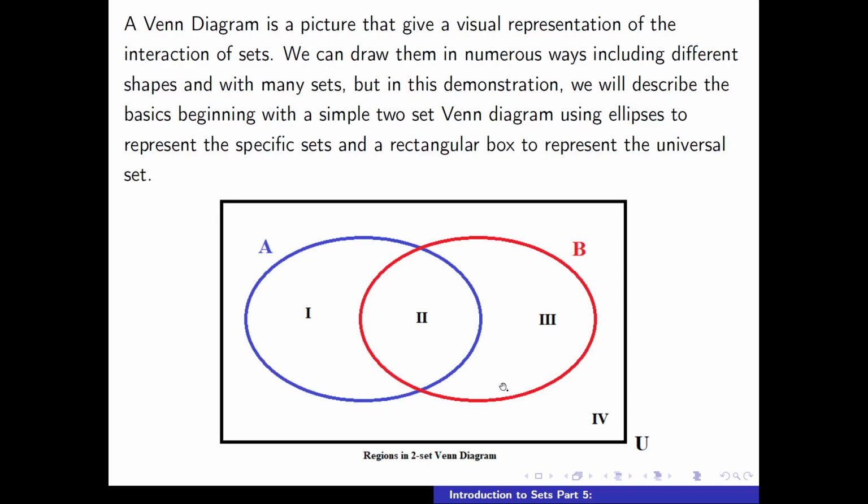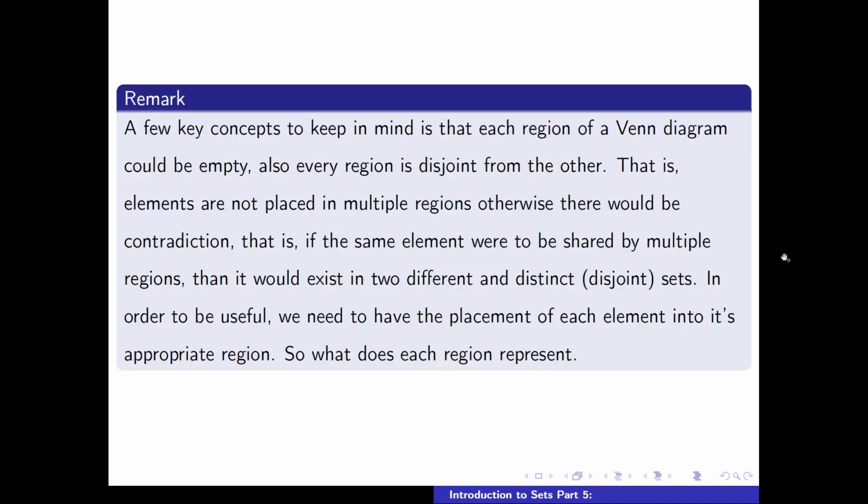Okay, and as we see, when we break this down, we have multiple regions, or different segments of this diagram, and we'll describe what those regions are. Now, a key concept to keep in mind is that each region of a Venn diagram could be empty, so they don't have to contain elements necessarily.